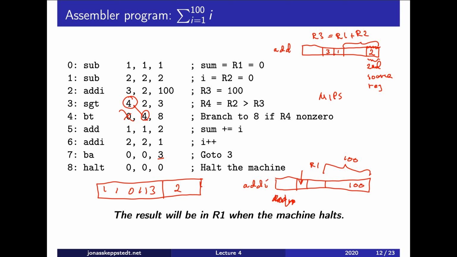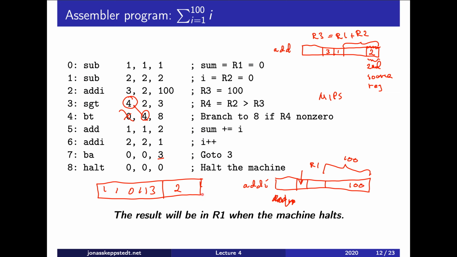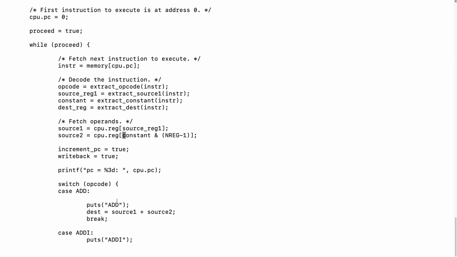And what we did was to take the constant that we read, that's all of this, interpreted as a constant. Okay, and then we use this constant and say and nreg -1.